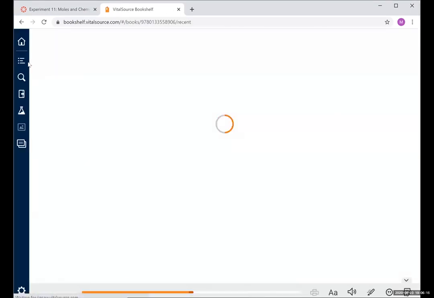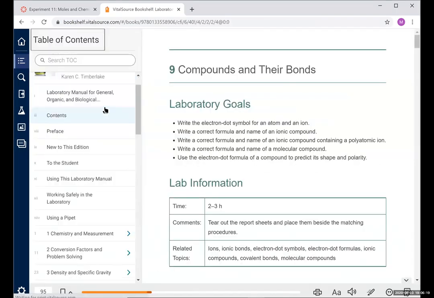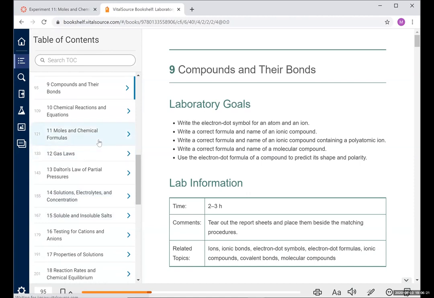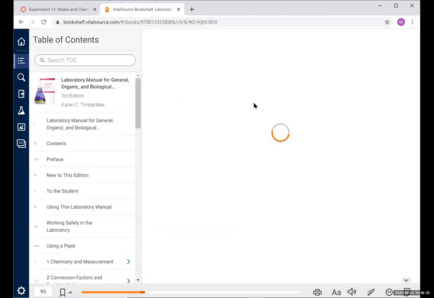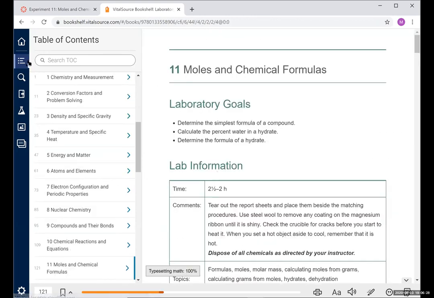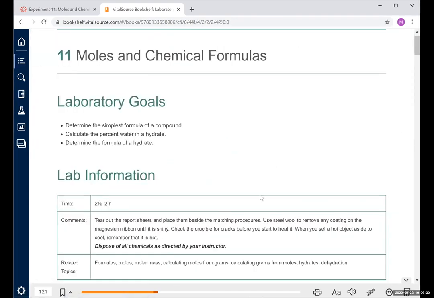If you open up your lab manual and go to the section titled Experiment 11, Moles and Chemical Formulas, I have found videos that exactly match the procedure for experiment 11. Is everyone able to find experiment 11 in their lab manual?